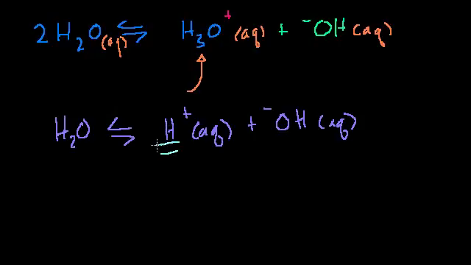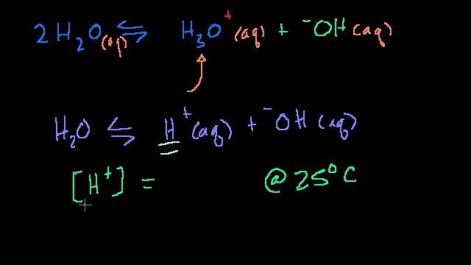But we learned in the last video that people really care about the concentration of, you could pick one of these two, they normally write this one right here. So people really care about the concentration of your hydrogen ions. And we learned in the last video that just pure water at 25 degrees Celsius, which is room temperature, so let me write that. At 25 degrees Celsius, the concentration of your hydrogen protons, because that's really what they are, or hydrogen ions, is 10 to the minus 7 molar.